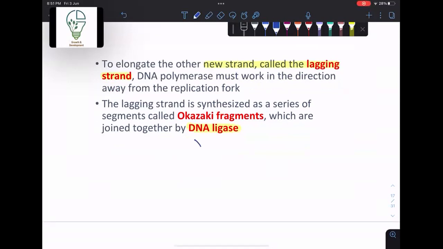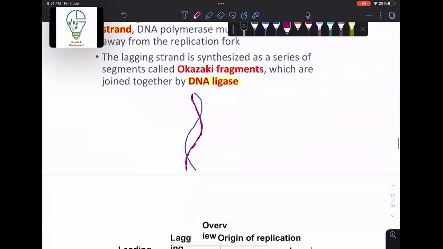So let's pretend like this is the DNA molecule, and this is the new DNA molecule that is forming. I'm drawing the lagging strand here. The function of the DNA ligase is basically to attach the fragments like this and to form this entire new strand, the lagging strand.